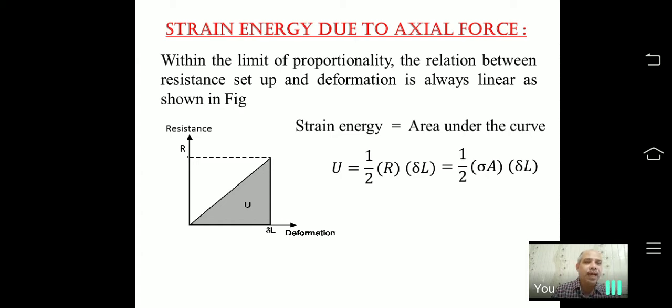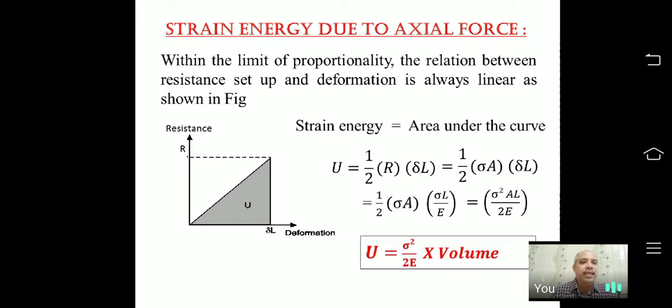So we have 1 half sigma A into delta L, and this delta L also we can put as PL upon AE, but P by A is sigma, so it is sigma L upon E, and that will give us U is equal to sigma square AL upon 2E.